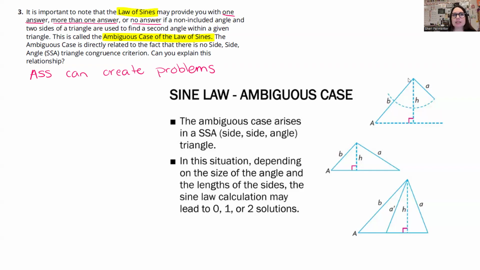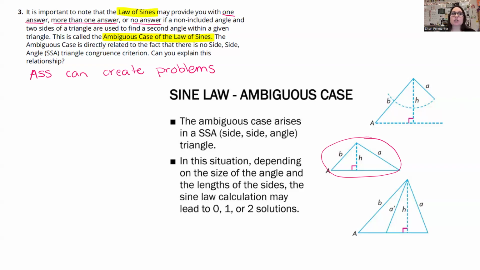The first case that could happen is that no triangle forms at all. So this is like when you're solving your problem and you start getting errors. This is the most common case. Most of the time, you solve the problem and you get a triangle.